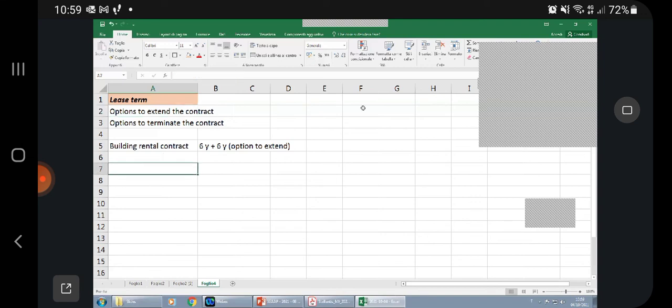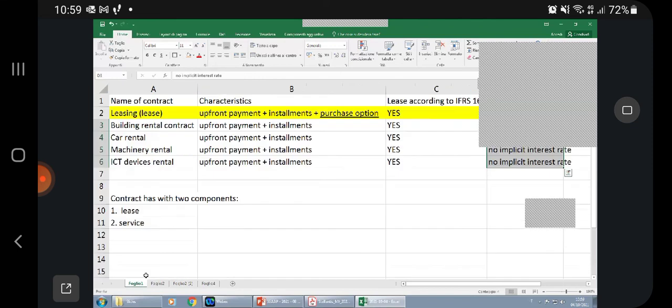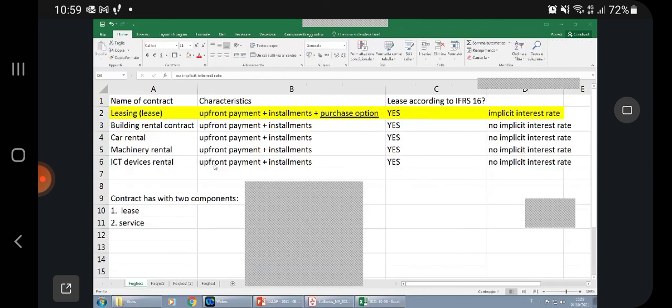Then, another particular situation is that of the presence of a purchase option. I hope you remember that at the beginning of the lecture we discussed the case of contracts that are named lease in the contract.